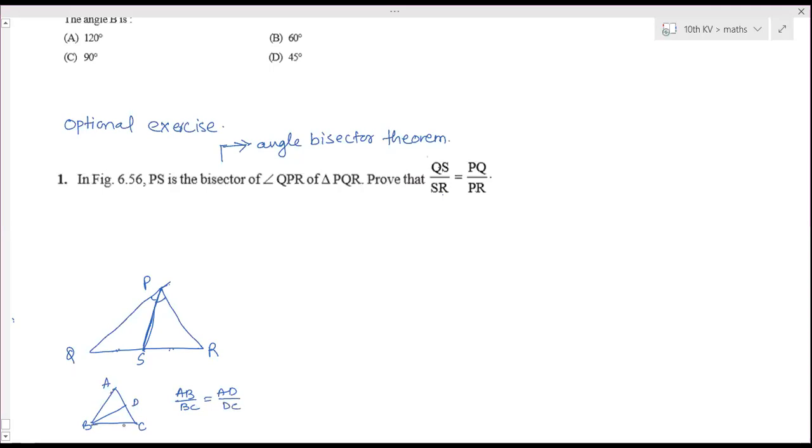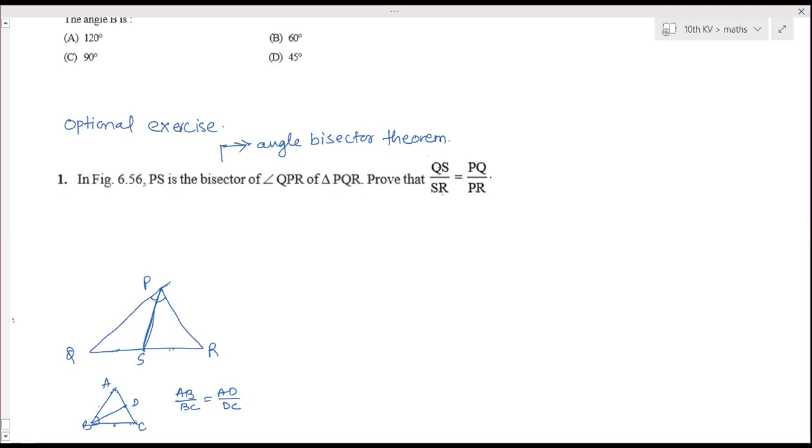So AB by BC, the two sides which include the angle bisector, is equal to the ratio of the parts into which the third side is divided by the bisector. D divides AC. The third side is divided by the bisector, and this angle is included between AB and BC.